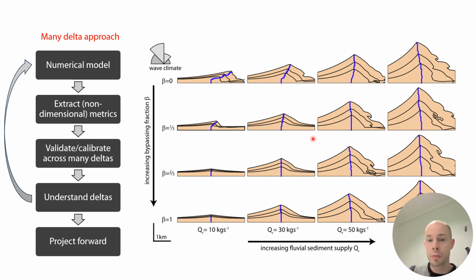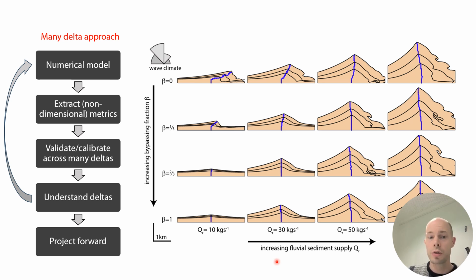But just to compare this to real-world deltas is still very difficult because, of course, you can imagine it's not just fluvial sediment supply, but it's also many other things that vary between deltas, right? You have wave climates that vary. You have grain sizes that vary. You can have offshore slopes that vary, and they all might influence the delta channel orientation.